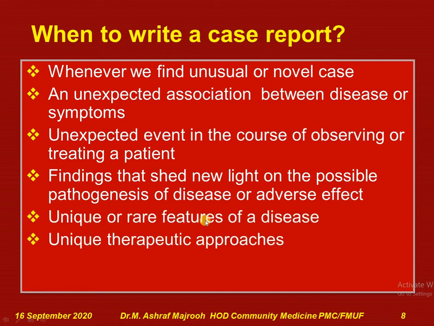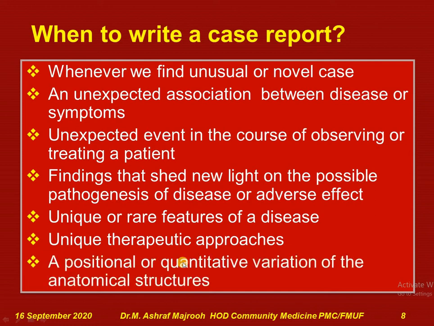Unique or rare features of disease can be reported. Unique therapeutic approaches can be reported. Moreover, positional and quantitative variations of anatomical structures of the body are usually reported in case reports. So these are the situations in which it is rational to report and publish case reports.